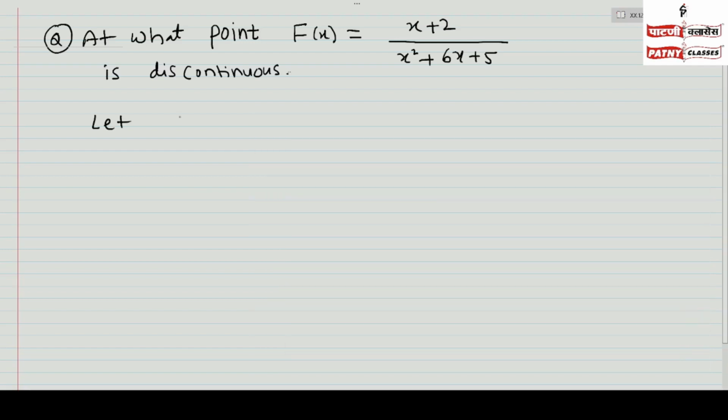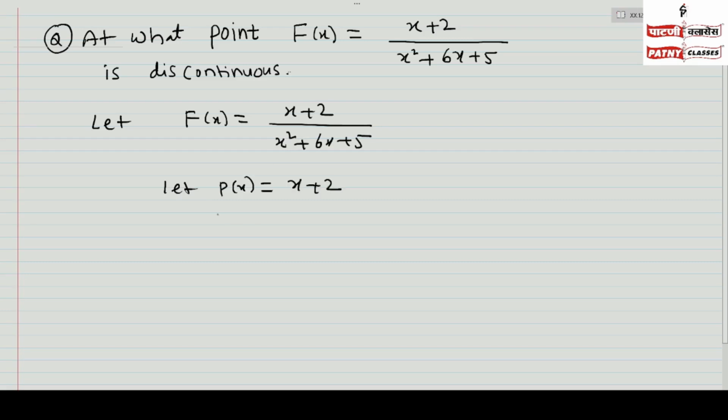Let f of x equals x plus 2 upon x square plus 6x plus 5. Let p of x equals x plus 2 and q of x equals x square plus 6x plus 5.